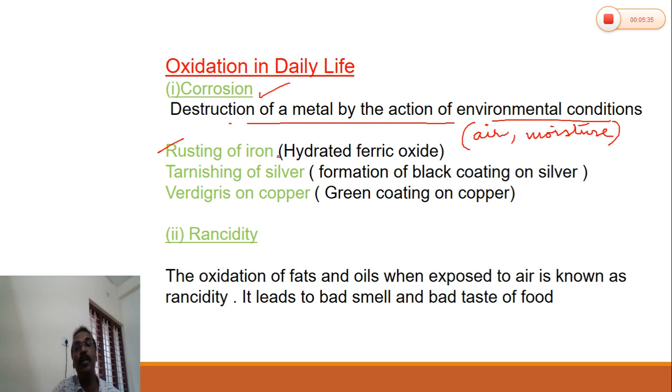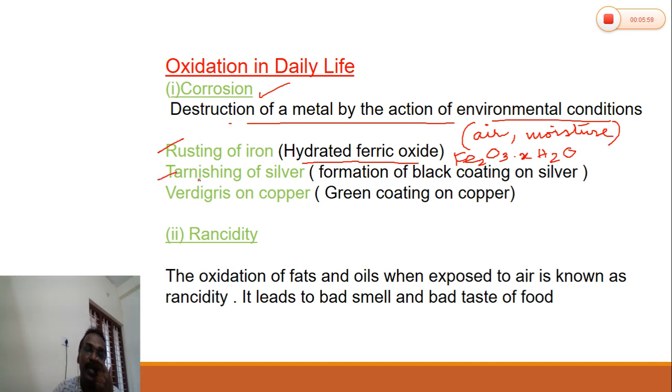One is the rusting of iron. When iron is exposed to air and moisture, it undergoes oxidation and a layer of oxide is formed. That layer is hydrated ferric oxide, or rust. The chemical formula is Fe2O3.xH2O.